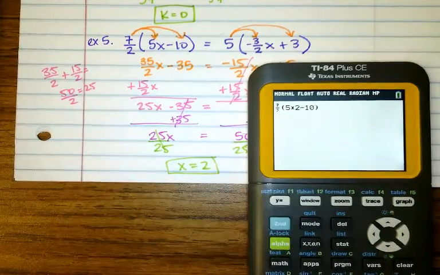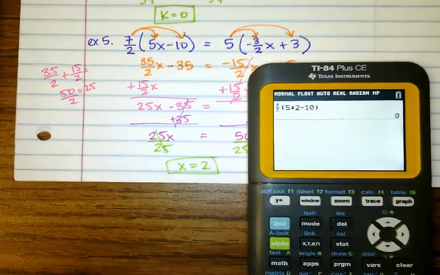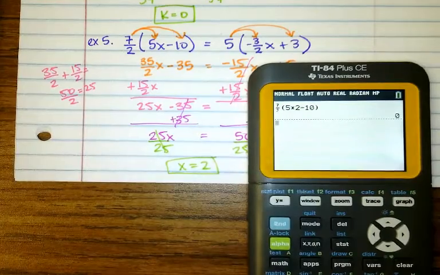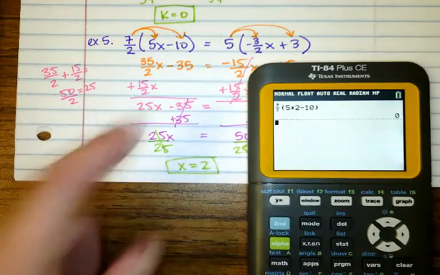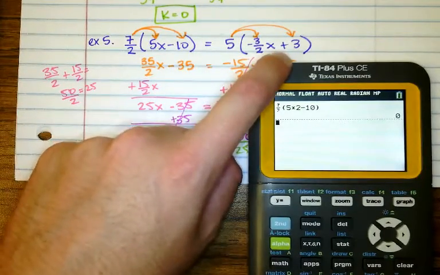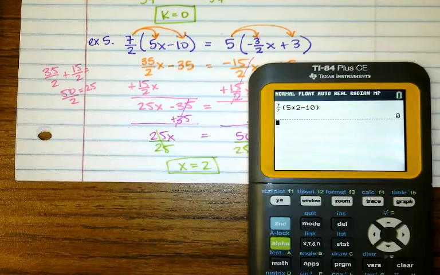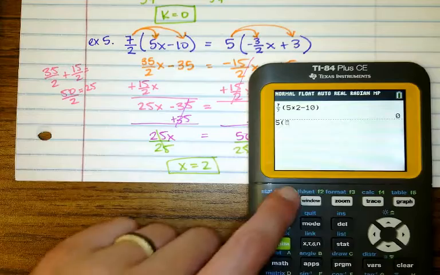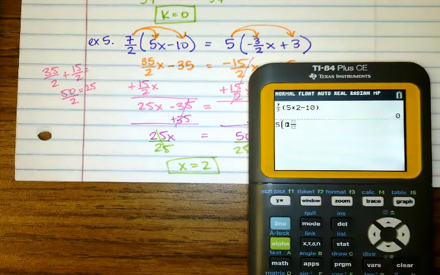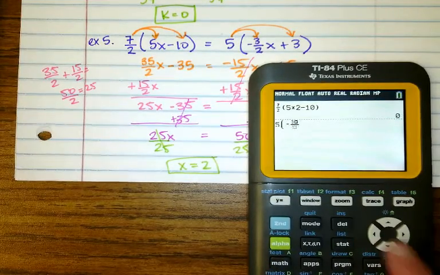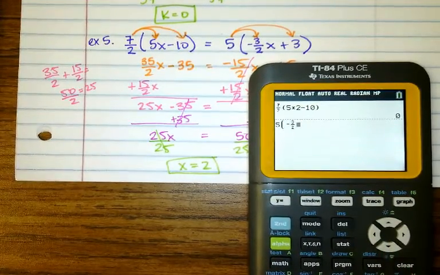Lovely. Okay, cool. Now, let's see if we plug in our 2 over here, if it gives us the exact same thing. So I'm going to say 5 parentheses alpha y equals, negative 3/2, not x, but 2, plus 3.